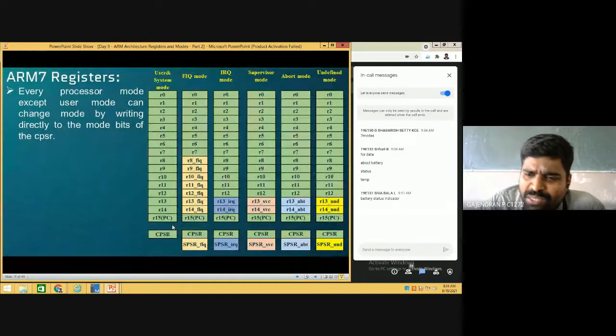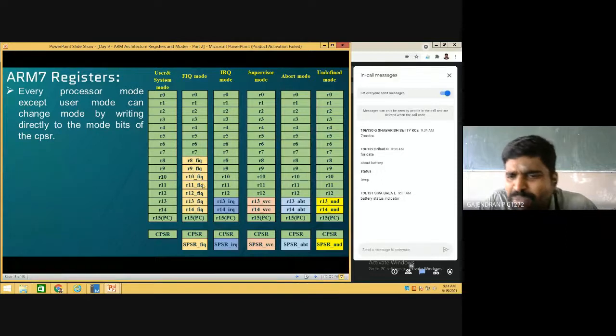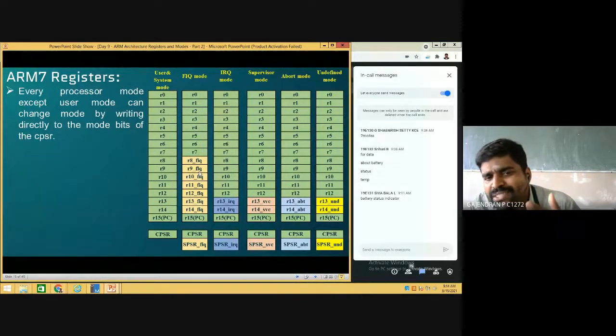My question was, why do we need this kind of new set of registers? Any idea, dear students? Think about the fast interrupt request and tell me why this particular mode has this many registers. What may be the advantage or disadvantage?